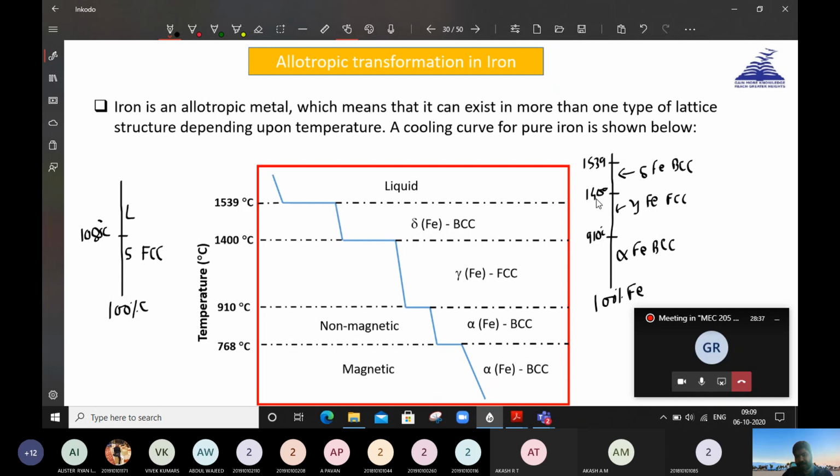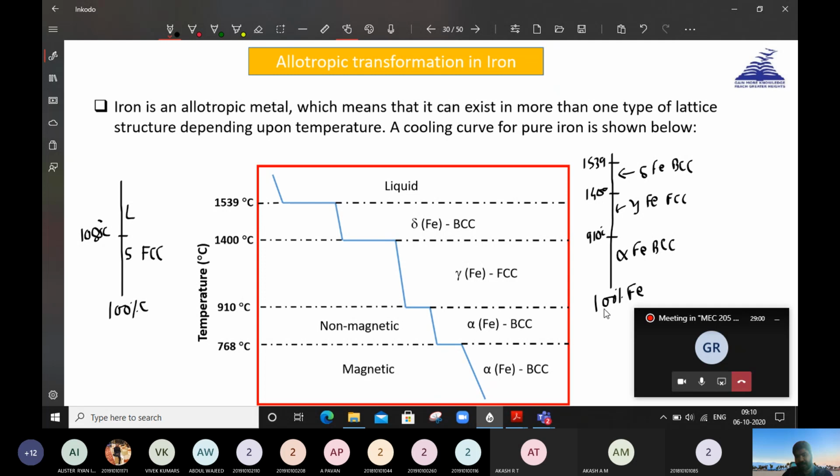From 910 to 1400 degrees Celsius, it shows the gamma phase with FCC structure. And above 1400 degrees Celsius, it shows the delta phase, having BCC structure. So this is the story about pure iron, 100% iron.